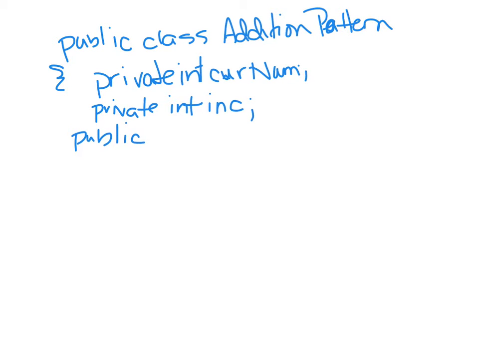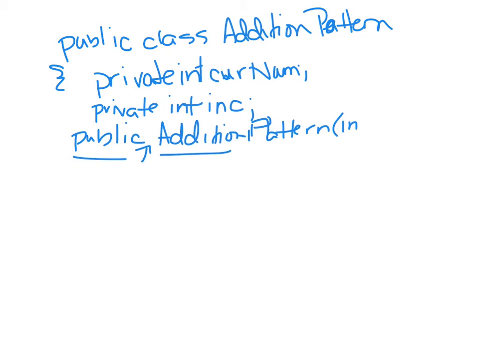But you have to make the constructor, and please remember the constructor has no return type at all, so it's not void, it's not anything. It's just public and then the name of the class. So it's public Addition. You need two variables, both integers.